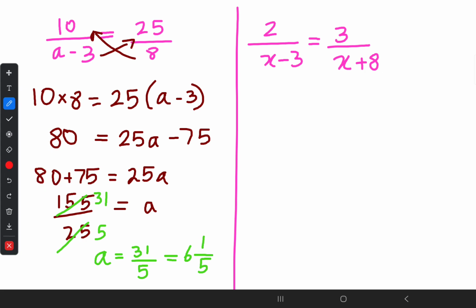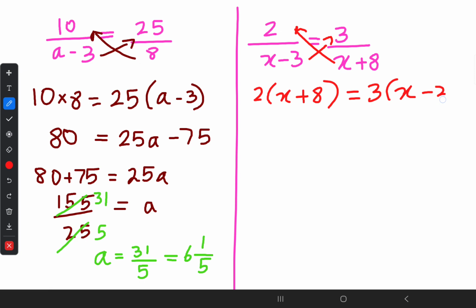And for question number 2, let's do the cross multiplication. 2 times x plus 8 equals 3 times x minus 3. Let's expand the brackets. So 2x plus 16 equals 3x minus 9.